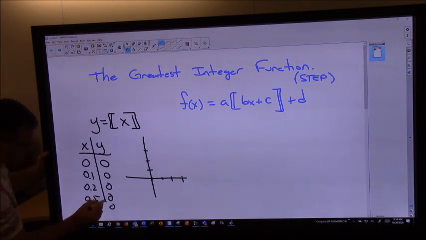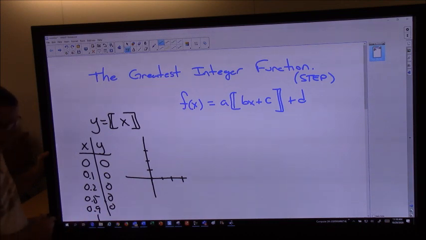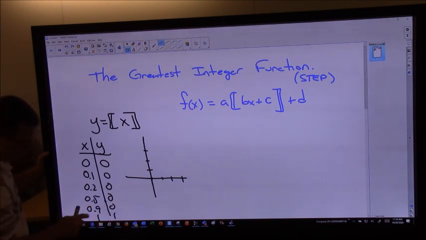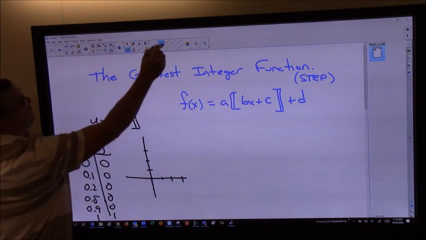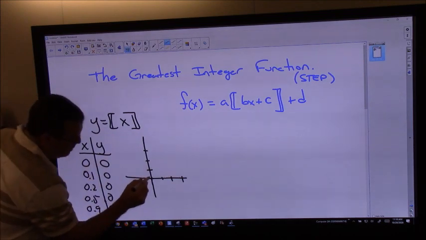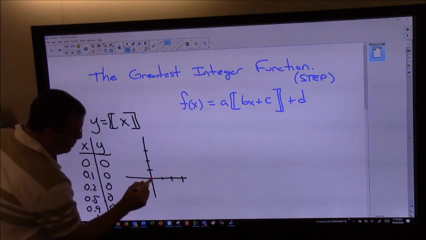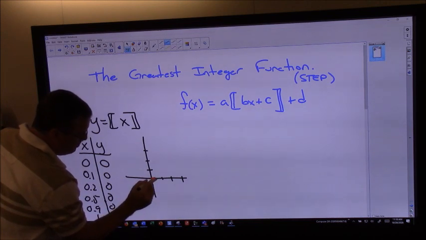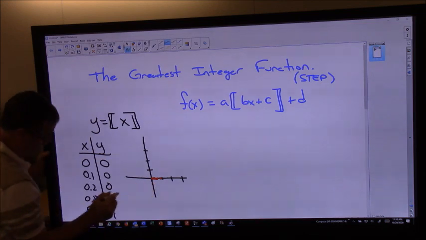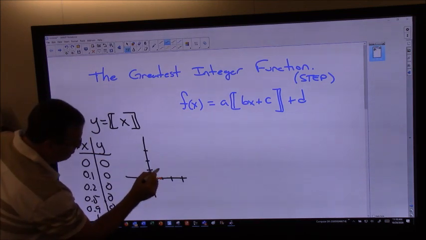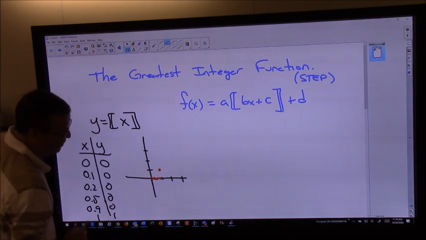But once I get to 1, the greatest integer less than or equal to that is 1. So I'm jumping from 0 up to 1. If I plot all these points, here's 0, 0, and then 0.1, 0, 0.2, 0, 0.5, 0, 0.9, 0. But then at 1, I jump up to this spot right here.